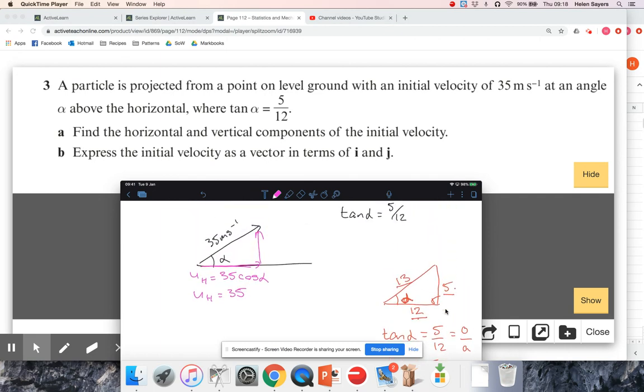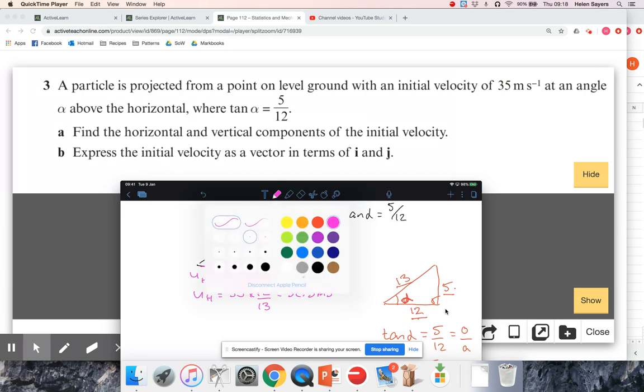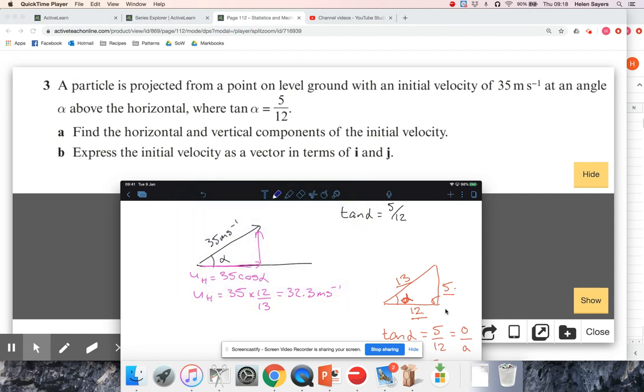So that's 35 times 12/13. Sorry, I typed that in wrong. 12/13. So let's round that. I'm getting 32.3 meters per second.